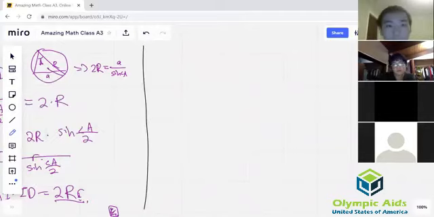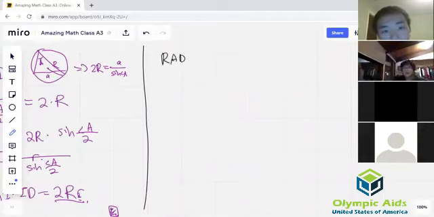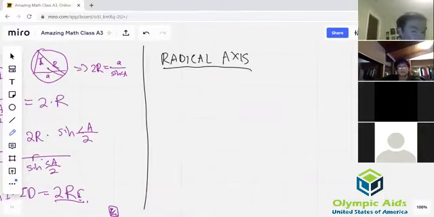Now we're going to talk about radical axis. Power of a point involves one circle, while a radical axis involves two circles.